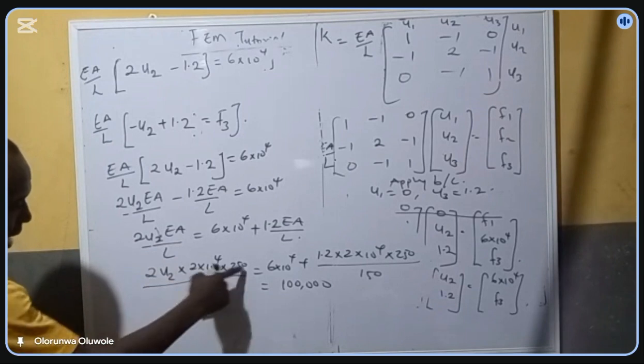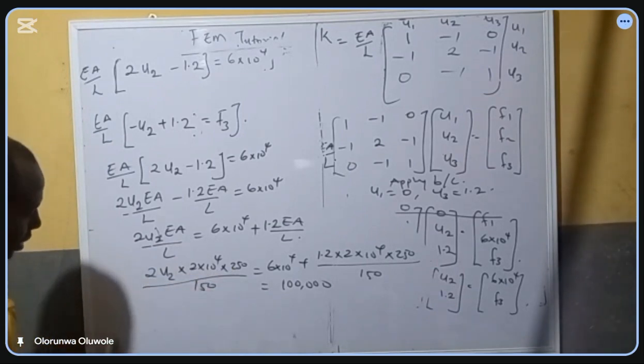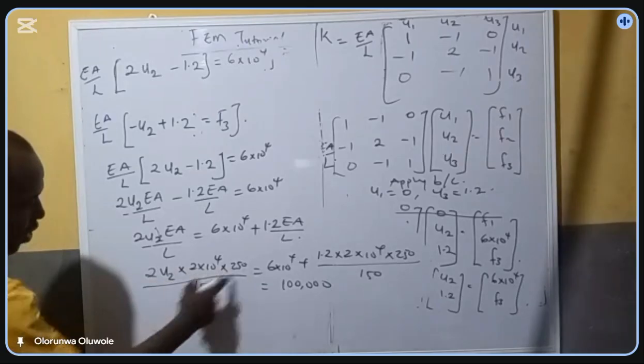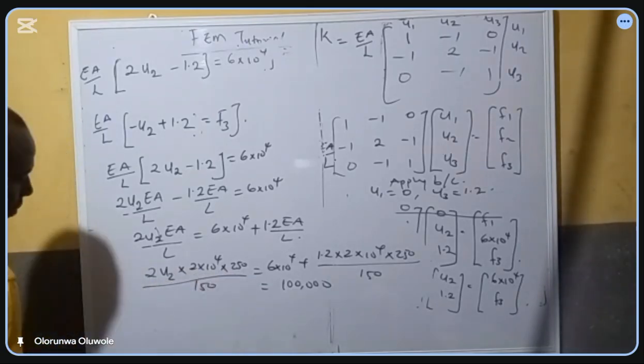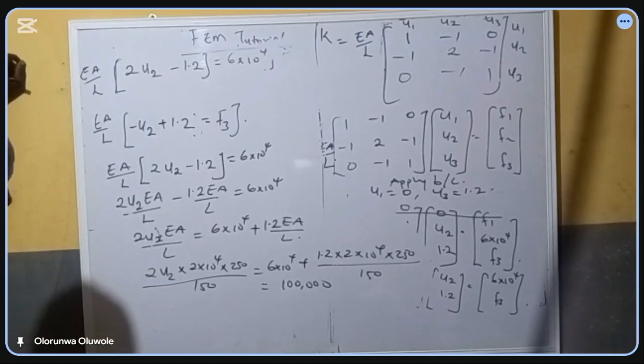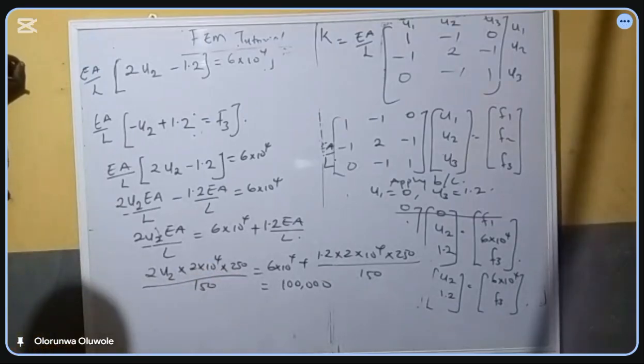So help me do this one: 2 times this over 150. What do we have? 66,000.